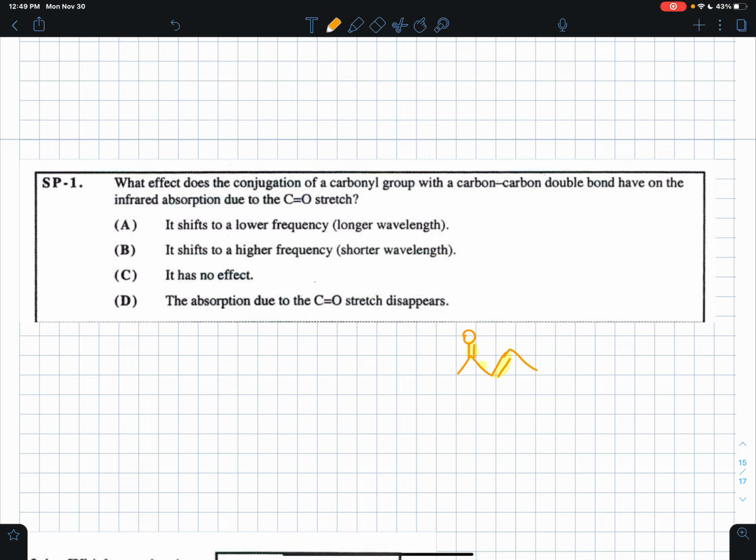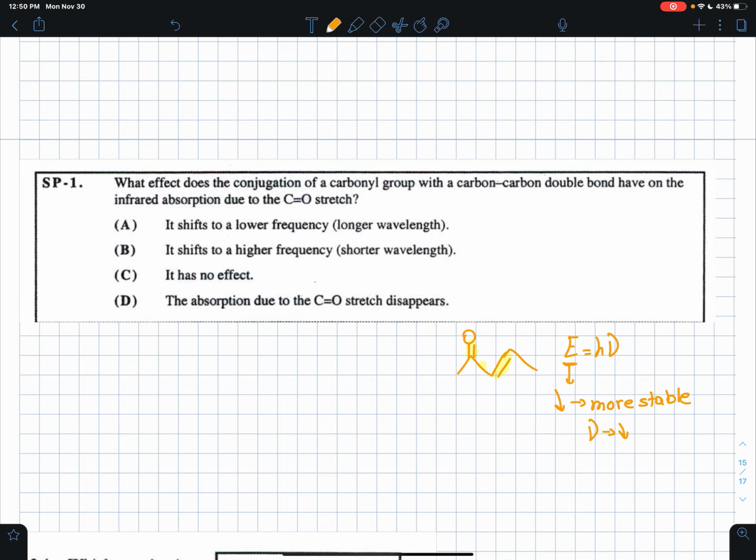And remember when I mentioned before about energy and frequency. So if we remember from Gen Chem or physics, energy is equal to h, Planck's constant, times the frequency. So the lower the energy, the more stable the compound is. And because energy and frequency are proportionally correlated, that means that as the energy decreases, the frequency also decreases.